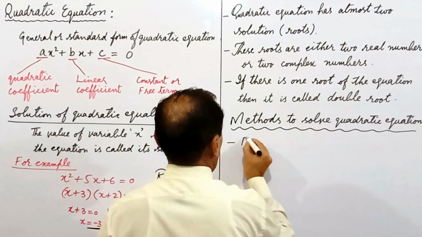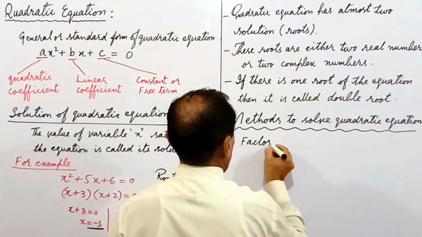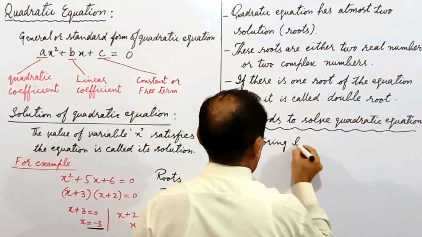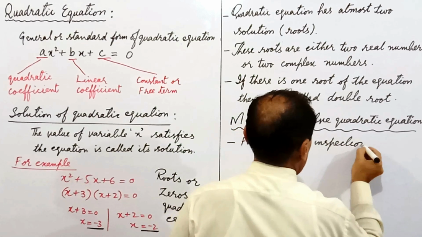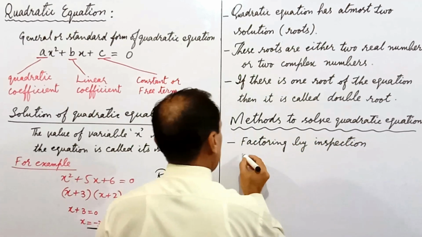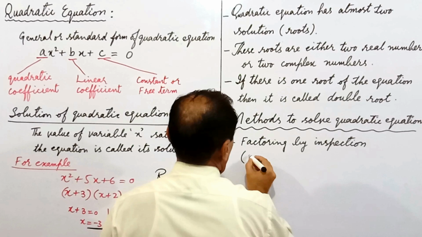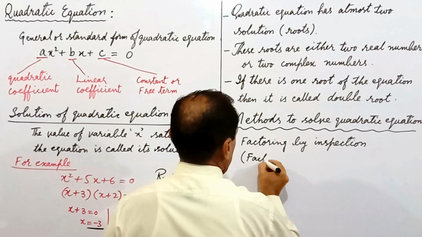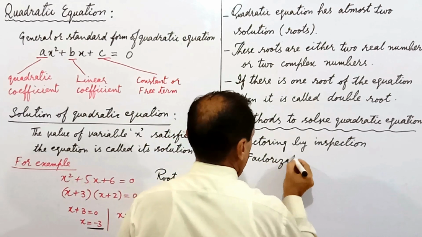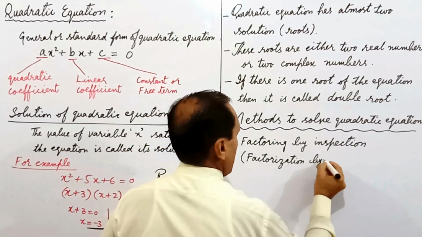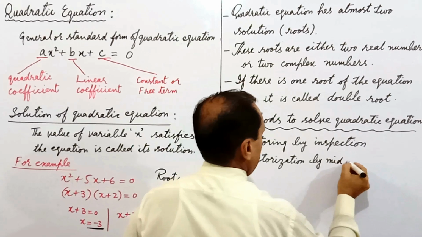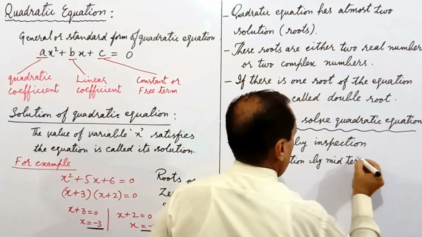Number one, factoring by inspection, commonly known as factorization by mid-term breaking.